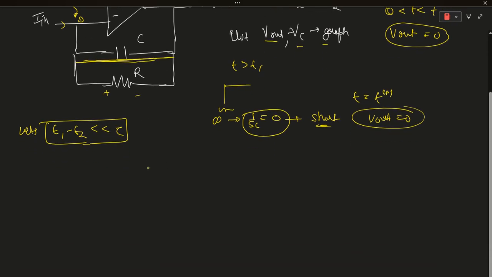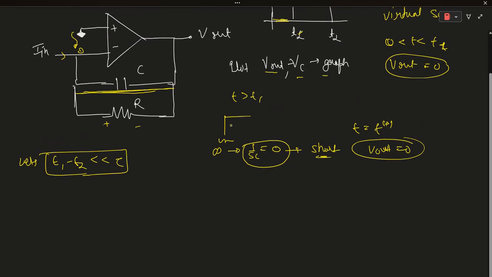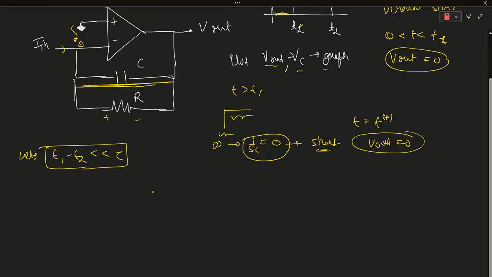So as time moves from t1 to t2, the impedance of the capacitor starts increasing. Like at t1 its impedance is 0, but at t2 its impedance is some value ZC.